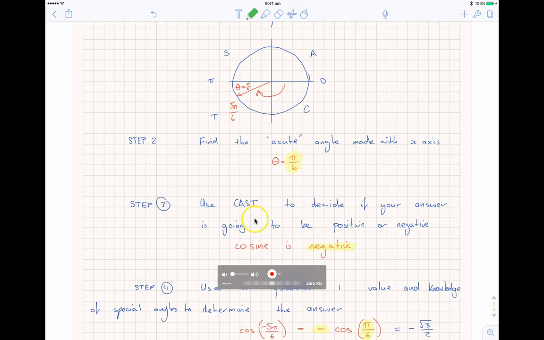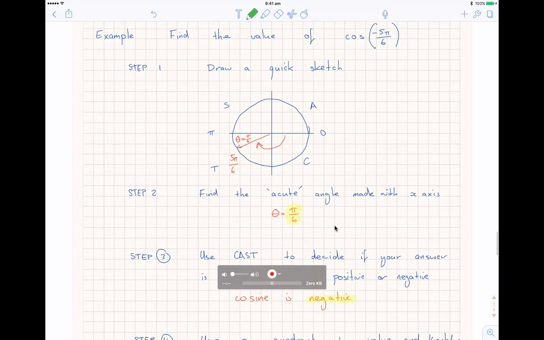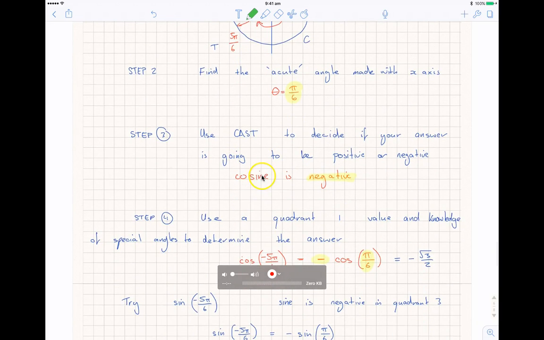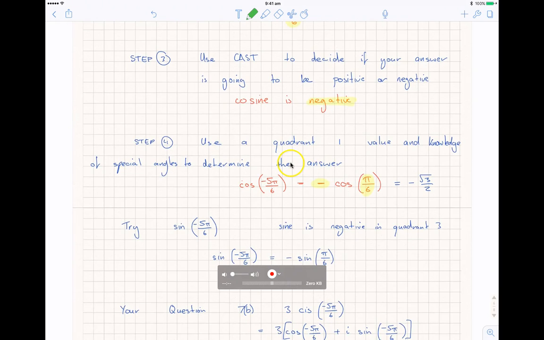Next, we need to use CAST to decide if our answer is going to be positive or negative. So remember, we're finding cos. So in quadrant 3 here, only tan is positive, which means that the cosine must be negative there. So cosine is negative. Step 4, we use our quadrant 1 value and knowledge of our special angles to determine the answer.